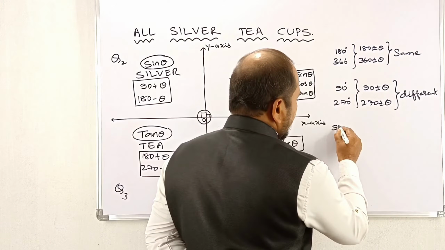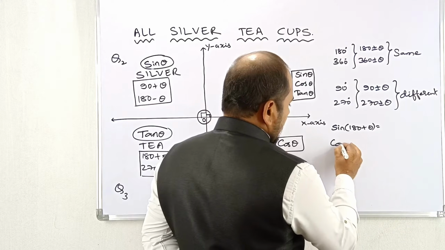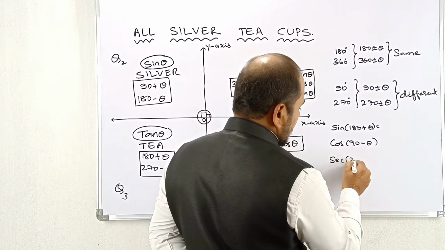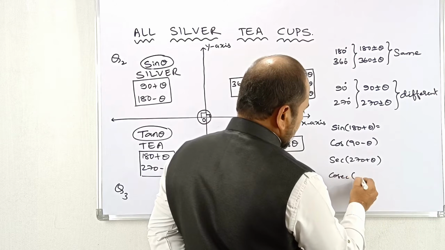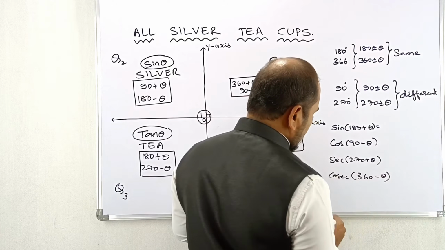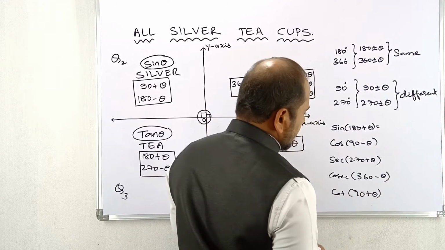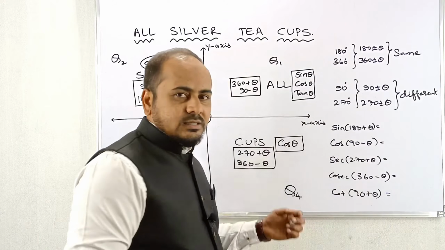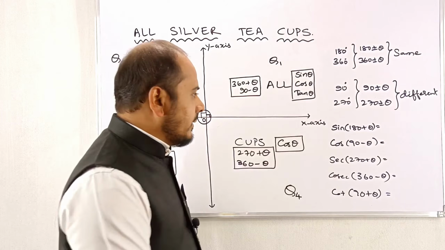For example, sine 180 plus theta, cos 90 minus theta, sec 270 plus theta, cosec 360 minus theta, cot 90 plus theta. Again we shall discuss in detail, but just a few examples I have taken here.